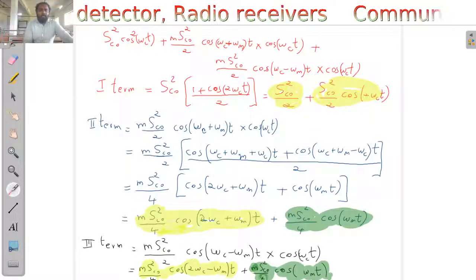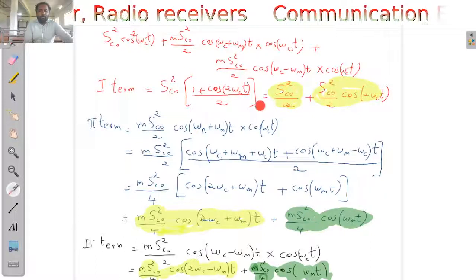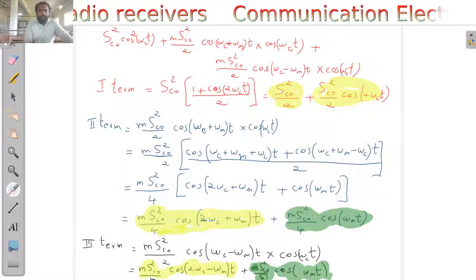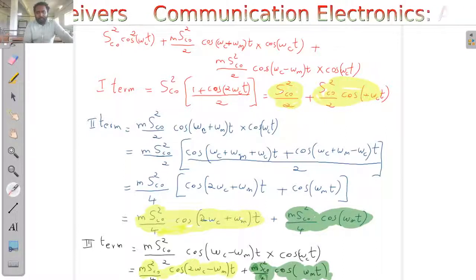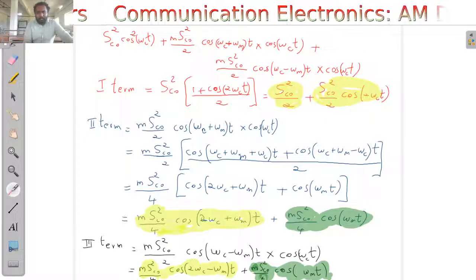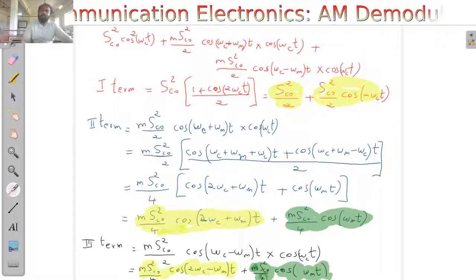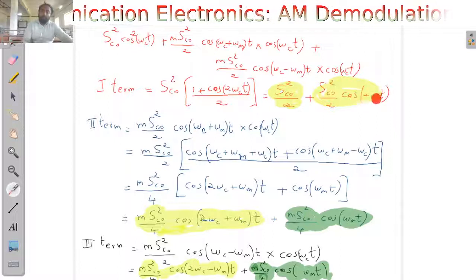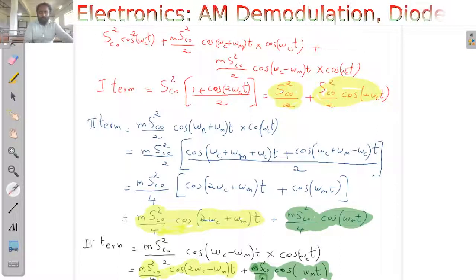The first term is given by SE0 square, and I have changed this using the identity, and when I expand this, I get SE0 square by 2 plus SE0 square by 2 times cos 2 omega ct. Why 2 omega ct? That is because of this term.